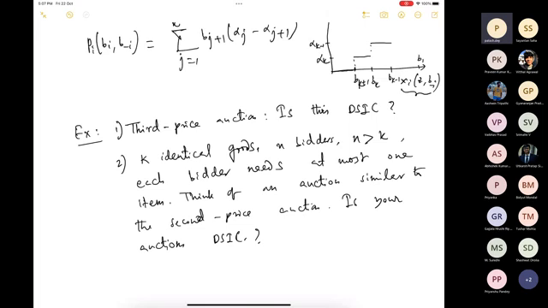Then I finished yesterday's lecture with two exercise problems. The first problem is the third price auction. The winner is the highest bidder, but he or she pays the third highest bid. Assume that there are at least 3 bidders. Is this DSIC? Has anyone solved this?